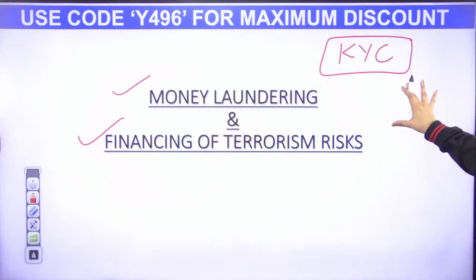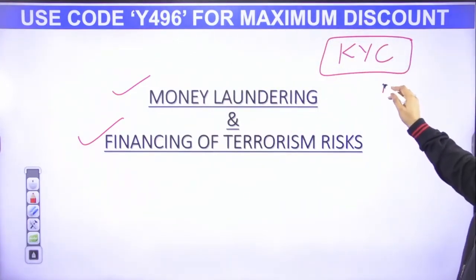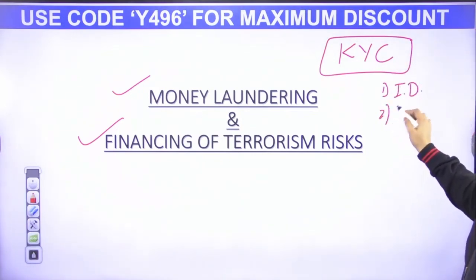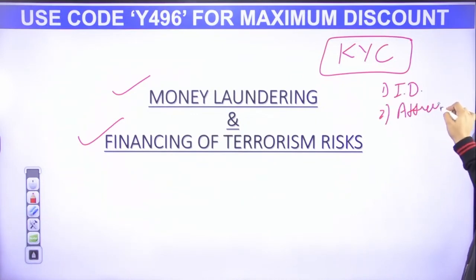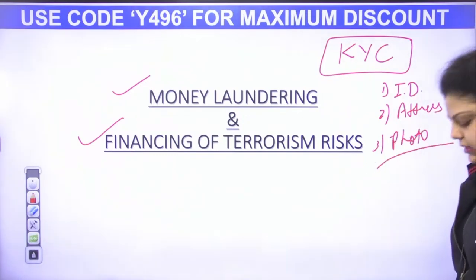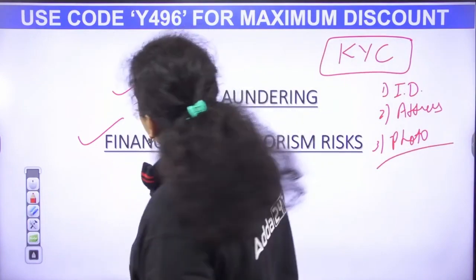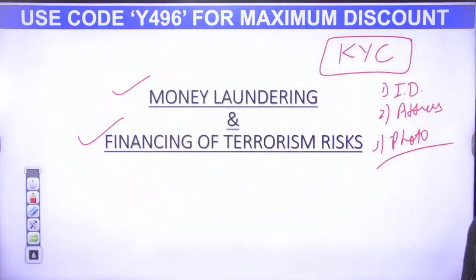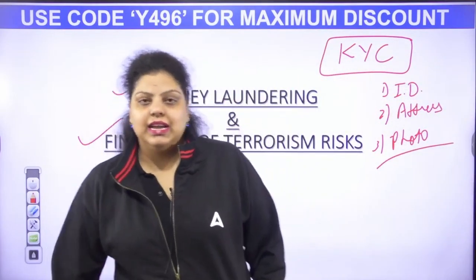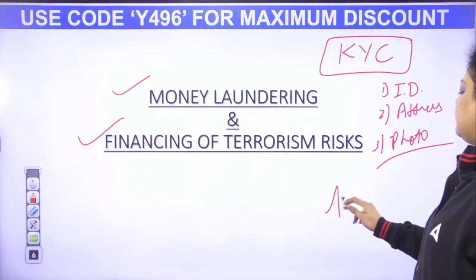To understand the customer, you need certain KYC documentation: first, proof of your identity; second, proof of your address; and third, your photograph. These are the basic 3 documents required to complete the process of KYC. Once you have completed the KYC process, you are able to create any kind of relationship with the customer.